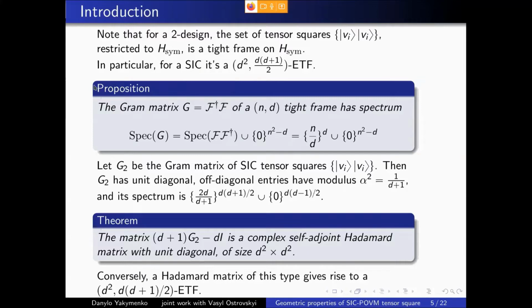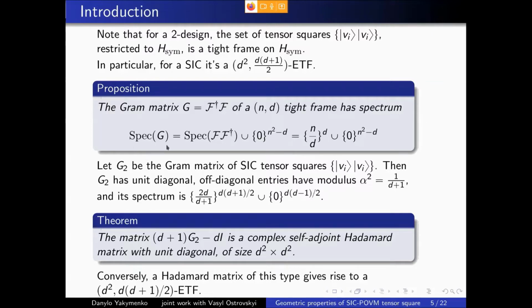And now let's look at the following property. For a tight frame, we can take the Gram matrix, which can be written as this formula. And if the frame is tight, then we know exactly what the spectrum of the Gram matrix is, right?